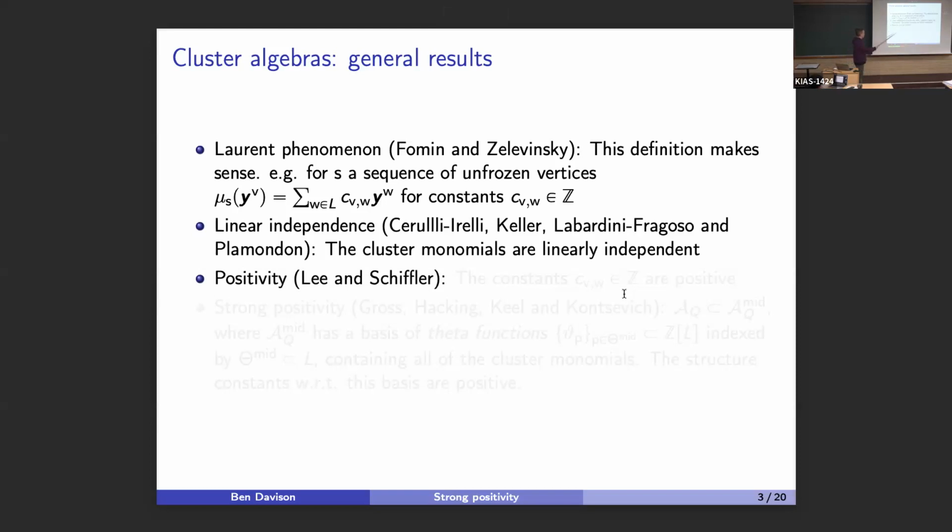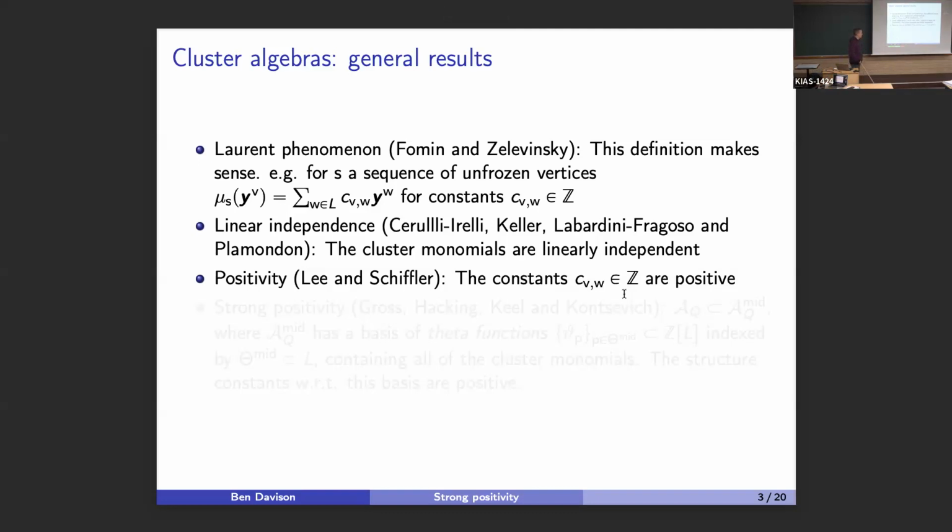Okay, so here's the one that's closer to the current topic today. That's positivity. So again, this is something that comes from the original hopes or the original motivation of the subject. Cluster algebra structures were originally introduced in order to investigate something called total positivity in coordinate rings on certain affine varieties associated to quantum groups.